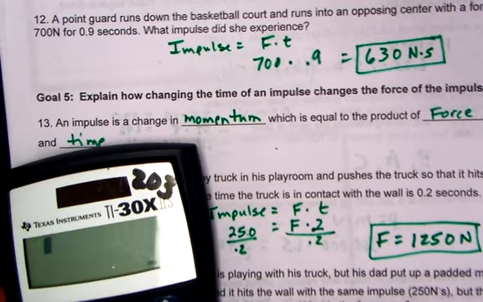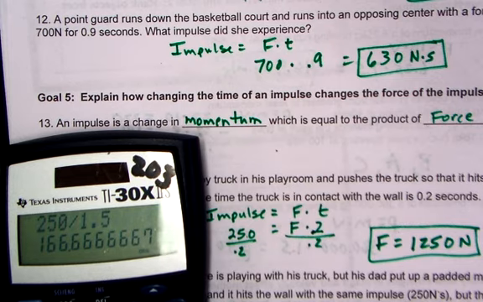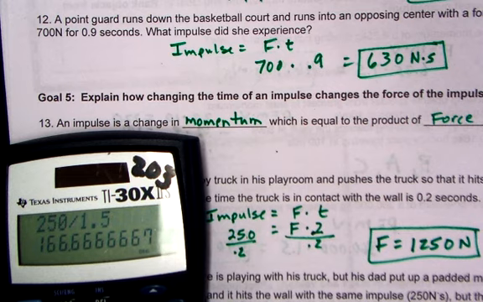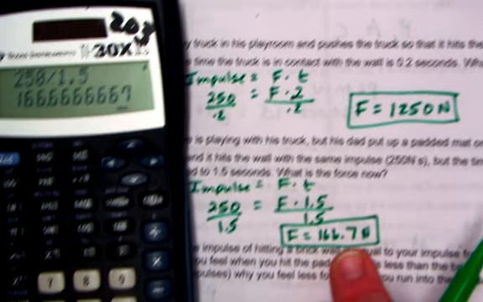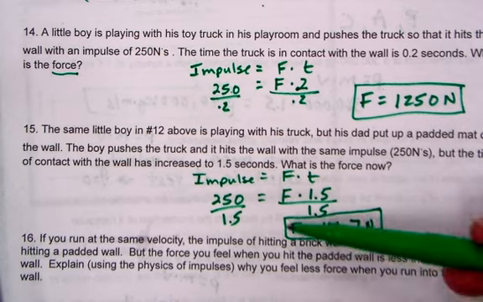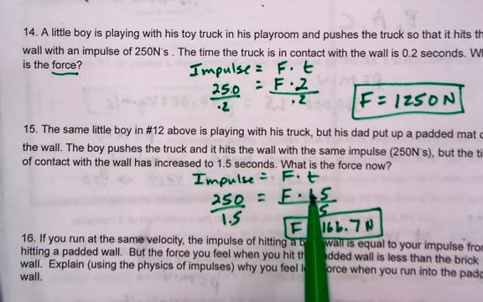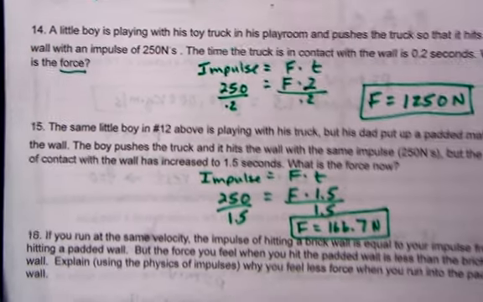So 250 divided by 1.5 turns out to be a force of 166.7 if we round it, and that would be newtons. So you can compare the two. The force against the brick wall would be 1,250, but when we divide by 1.5 seconds for the padded wall, it ends up being 166. So the force on the truck when it hits the padding is a lot less than when it hit the brick wall.